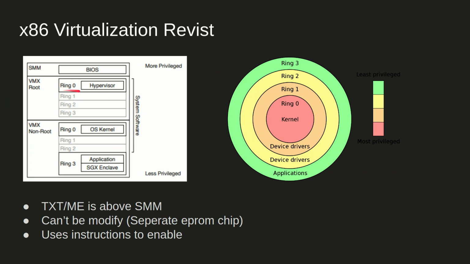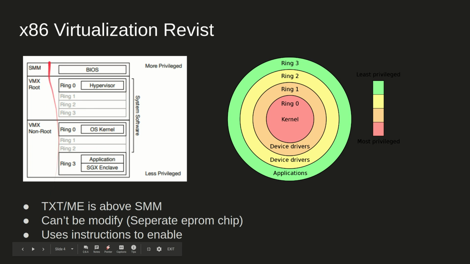VMX root is quite cool because it has a ring 0 and a ring 3, which means you can port a standard operating system like Linux to it, tweak it a little bit, and it will run nicely. That's actually how KVM works, and Xen. Xen is basically just a Linux operating system running in it. It's cool.